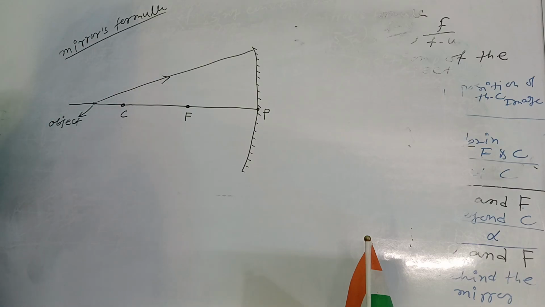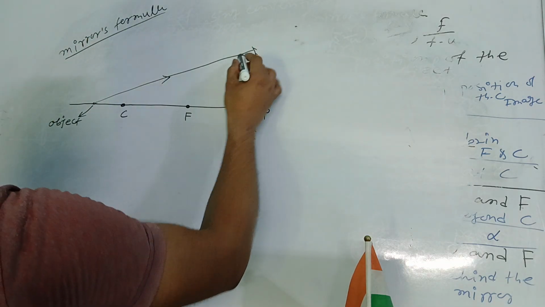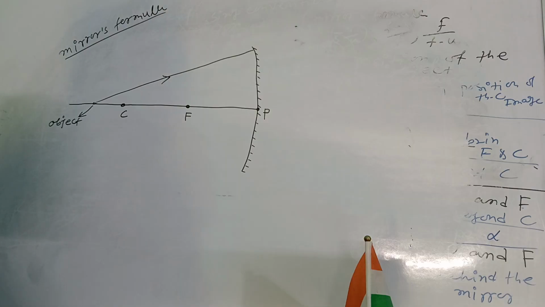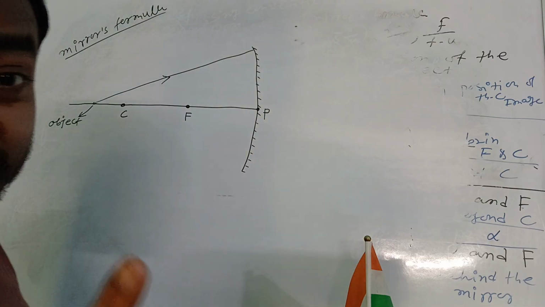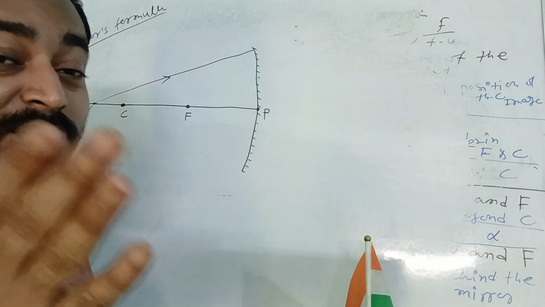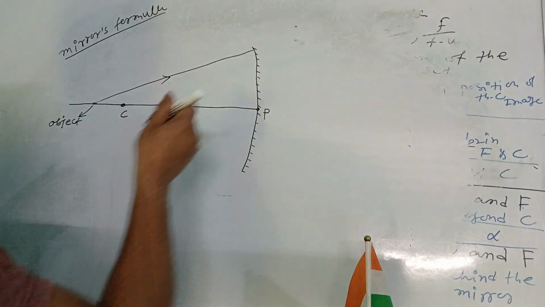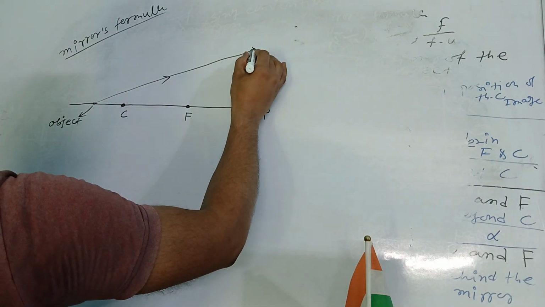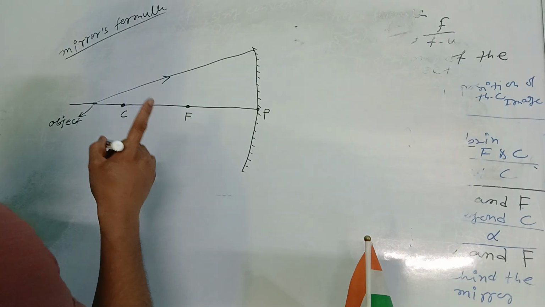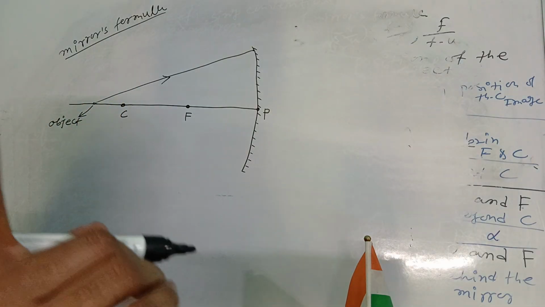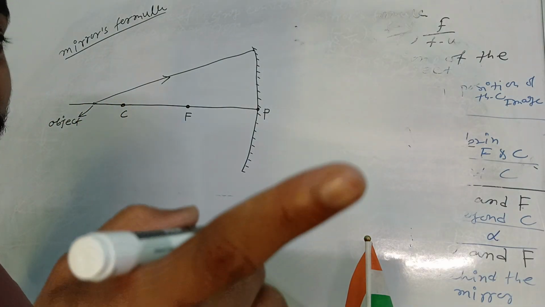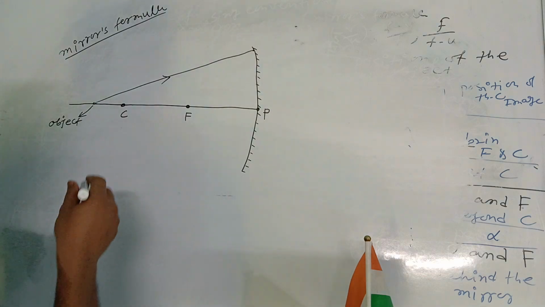And we have to draw the reflected ray also. But remember, for the reflected ray, all the angles are measured from the normal. So at this point, can you tell me what is the normal? Yes, you are correct. The normal is the line which passes through the center of curvature.